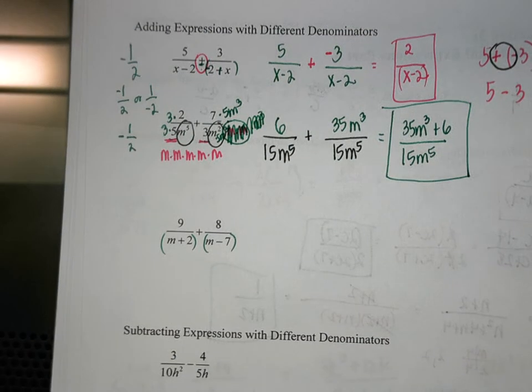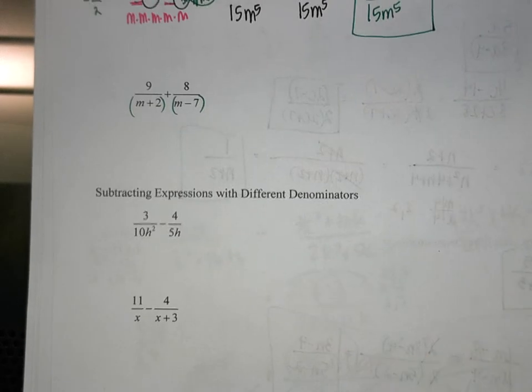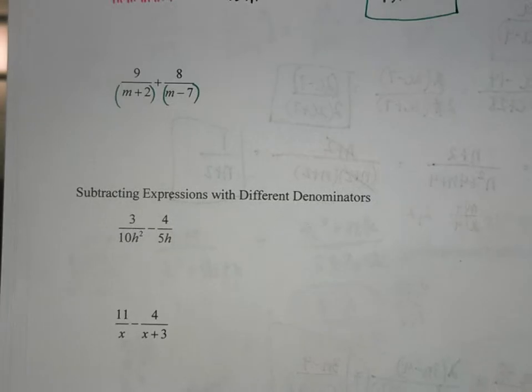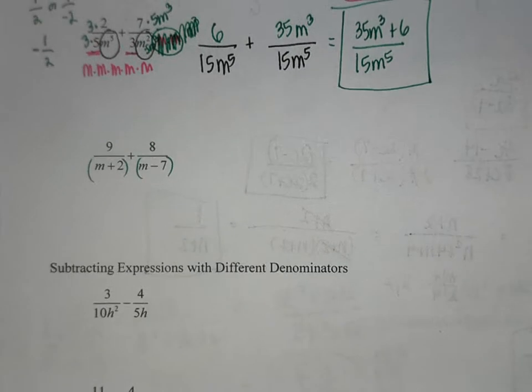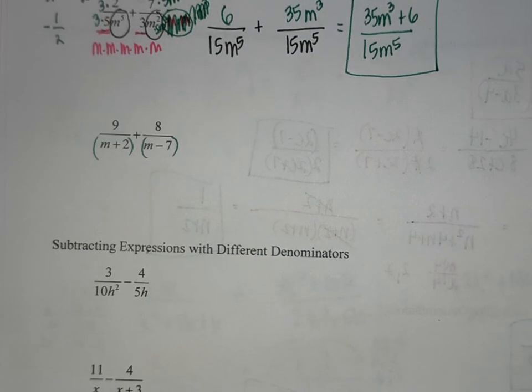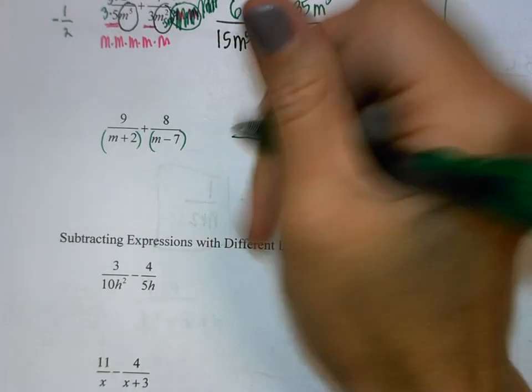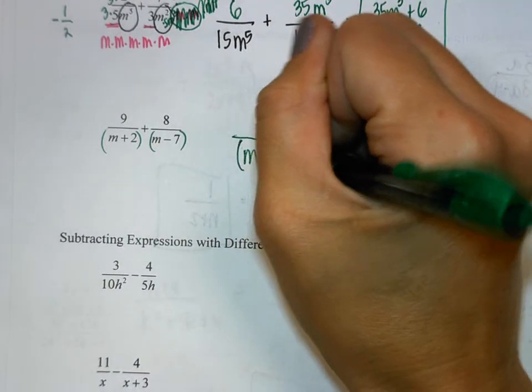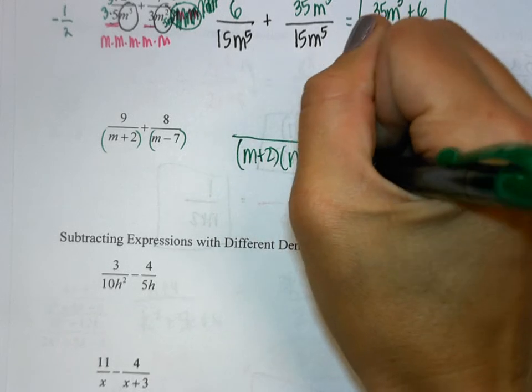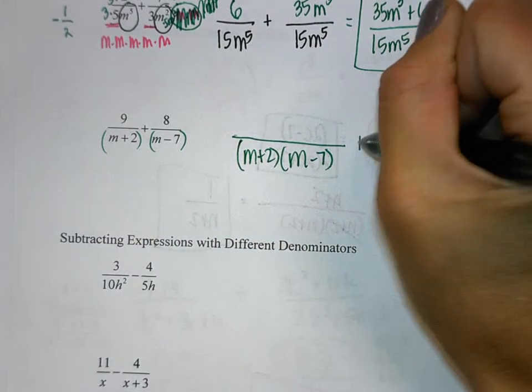Those are both binomials. And so what do we have to do on these? What would be my common denominator? So we have 2 binomials. It's actually just going to be both of those. So it's going to be m plus 2 and m minus 7 is going to be your common denominator.